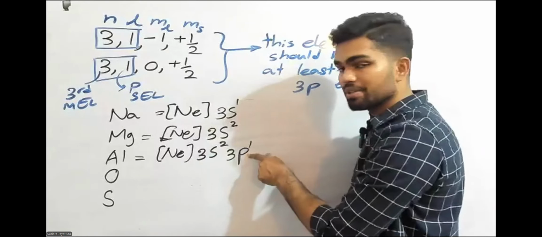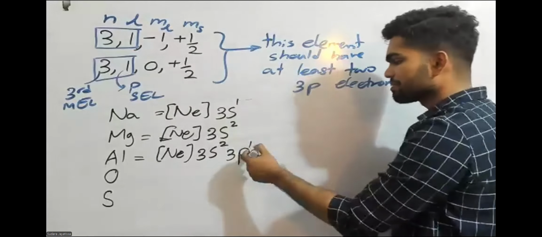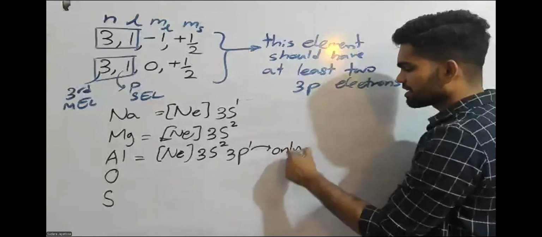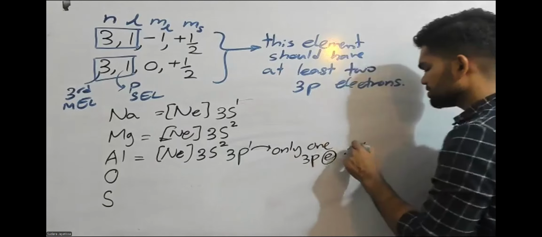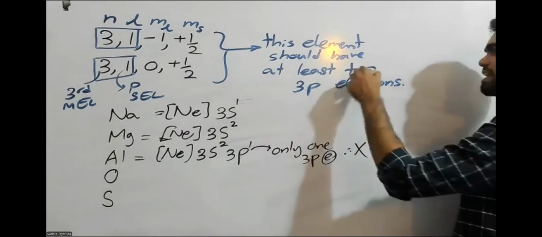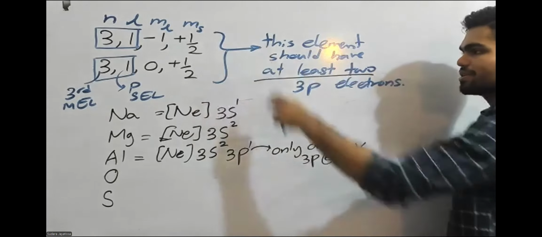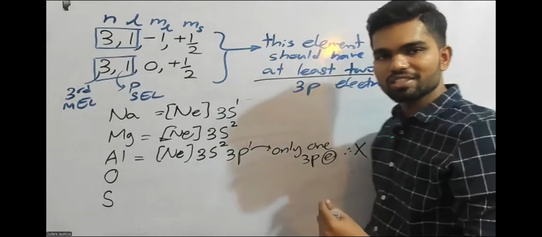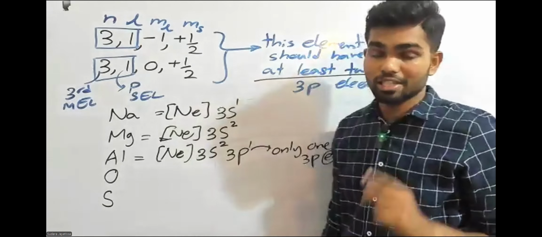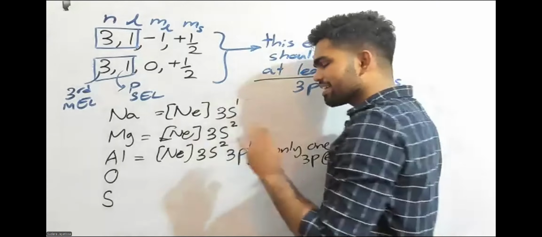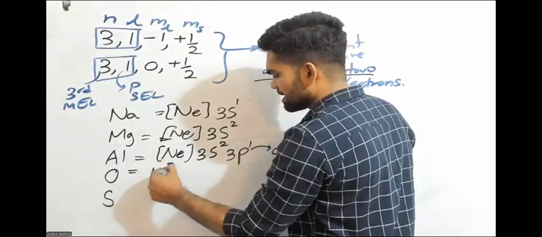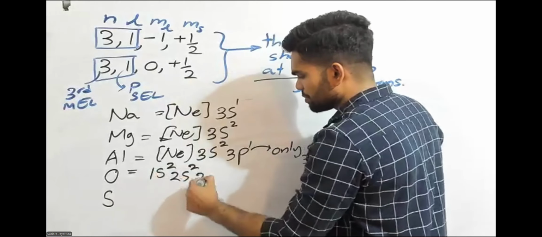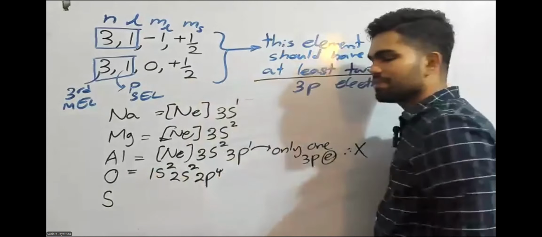Now there is a 3p electron, but only one 3p electron. Therefore this is also wrong, because we should have at least two, as both electrons are 3p. And you can't take oxygen either. Oxygen is 1s2 2s2 2p4, so you don't have any 3p electron.